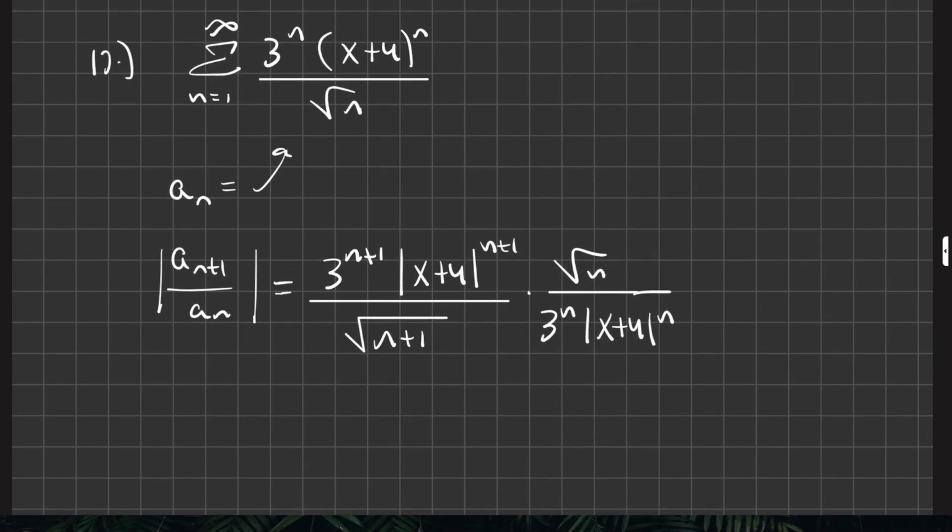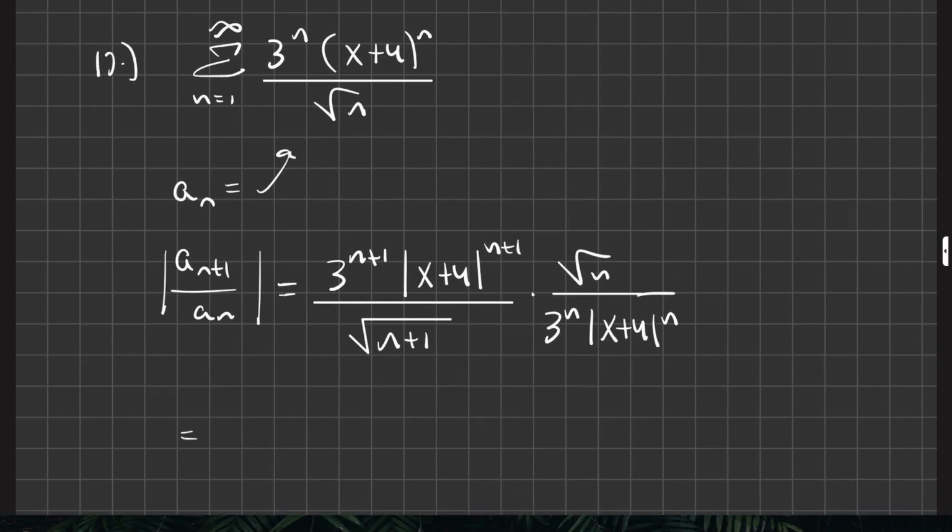Okay, so this is just 3 times the absolute value of x plus 4 times the square root of n over n plus 1.